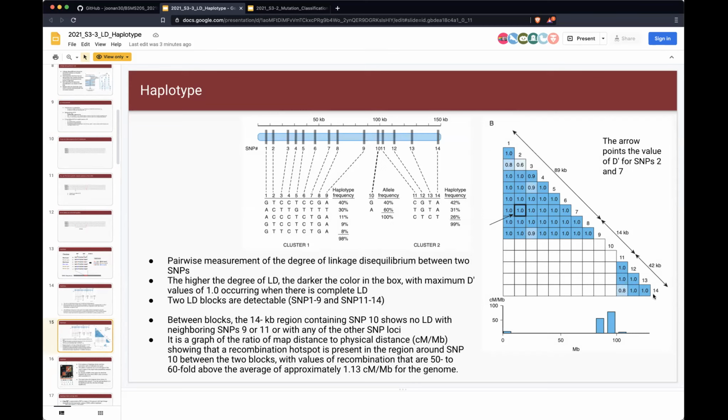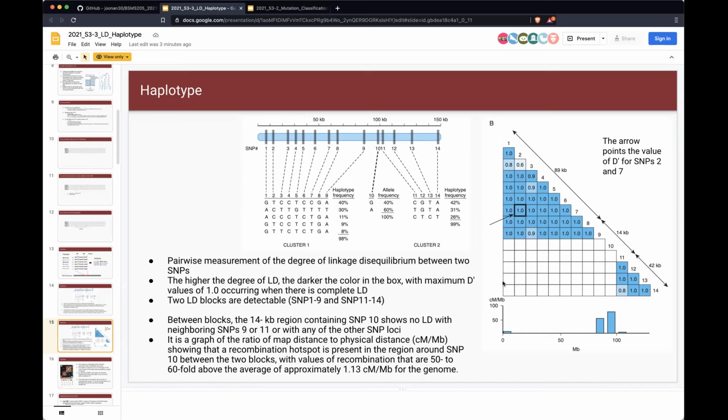This is a very simplified version of the chromosome position. We are only looking at 14 loci, 14 SNPs, right? So we just remove the distance from the chromosomes and only put the loci numbers, right?